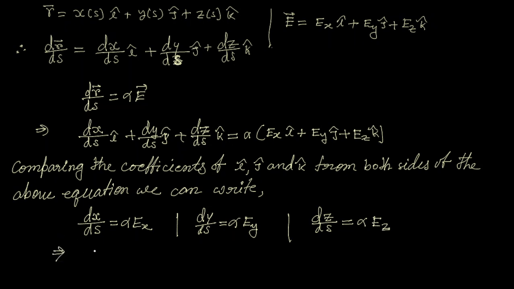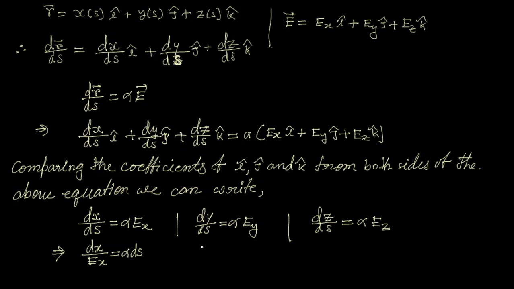Now if we simplify, in the first equation we divide both sides by the x component of the electric field and multiply ds on the right side, then we get dx divided by Ex is equal to alpha into ds.